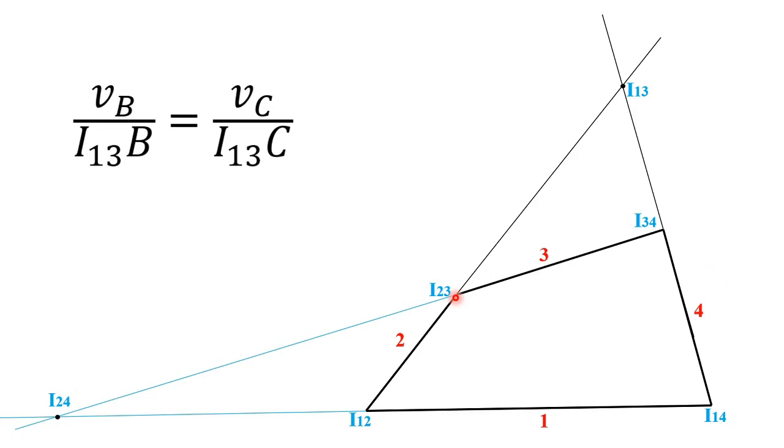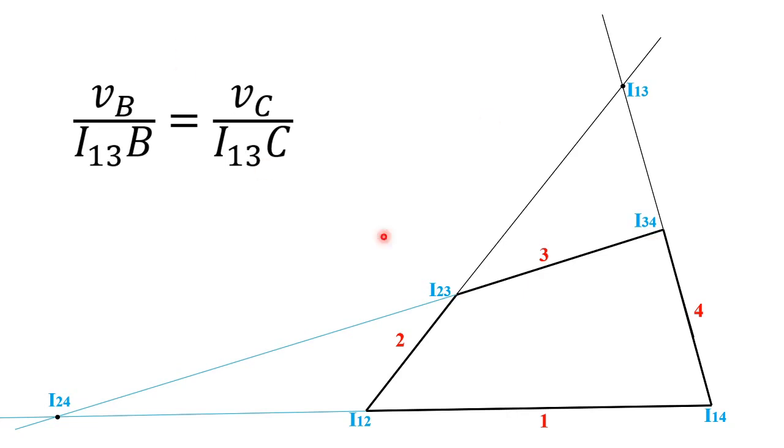Once you have VB, next you draw all these instantaneous centers and you have to find VC, that is your objective. How will you find that? Using instantaneous centers. Again you remember, now we have I13. I13 is the instantaneous center of link 3, and link 3 has two endpoints B and C. So how will you apply the velocity relation?